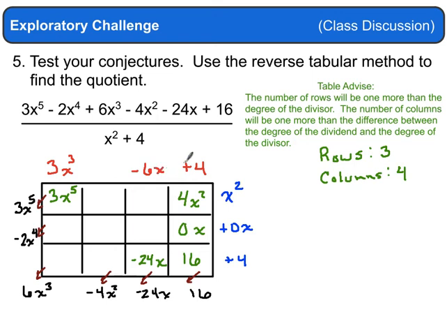And so I can use that. Now, if I wanted to flip to this side, if I know this corner, I can now get this box here. 3x to the 3rd multiplied by 0x would have to be 0x to the 4th power.